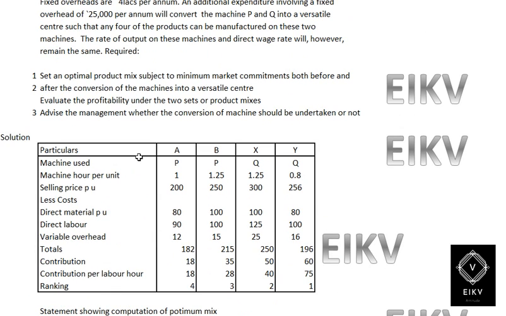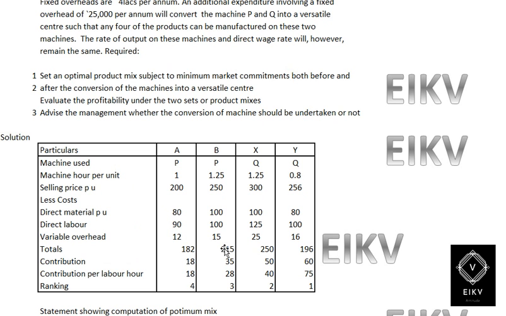First of all, we need to compute the contribution per hour. For that, we have machine hours, selling price per unit, material per unit, direct labor and variable cost.